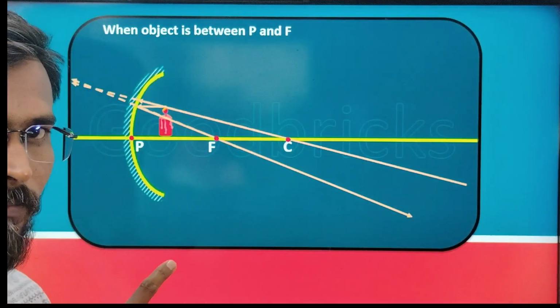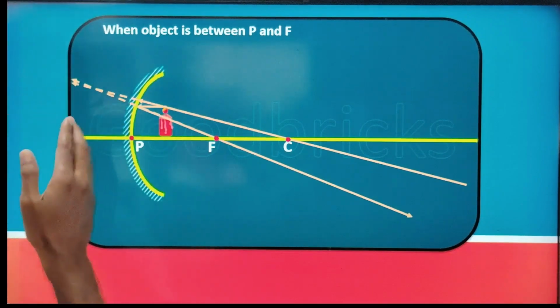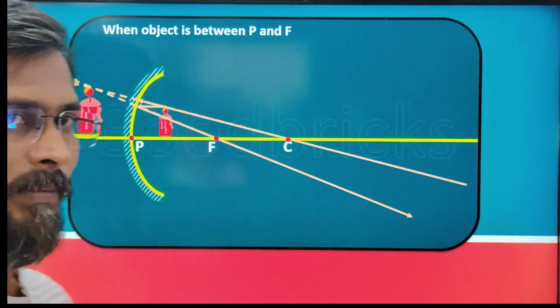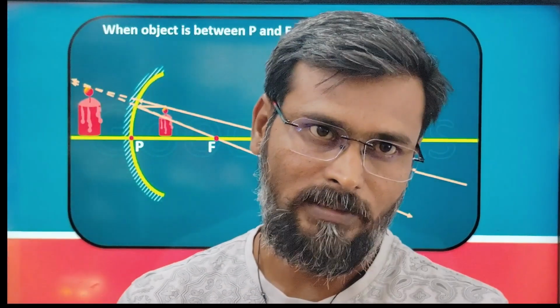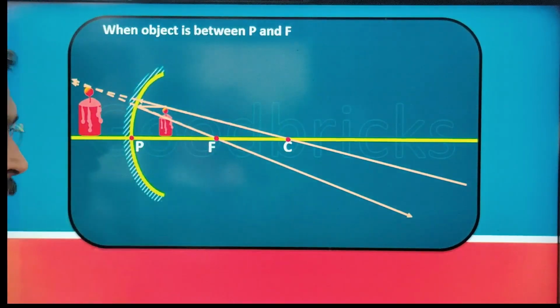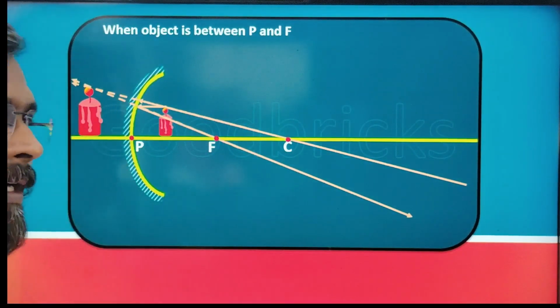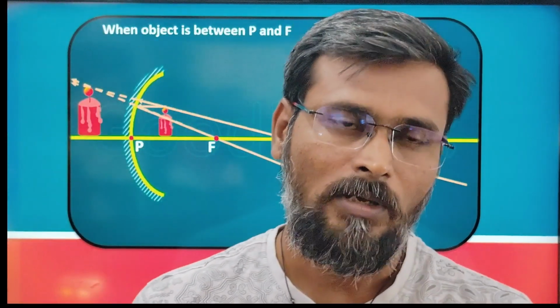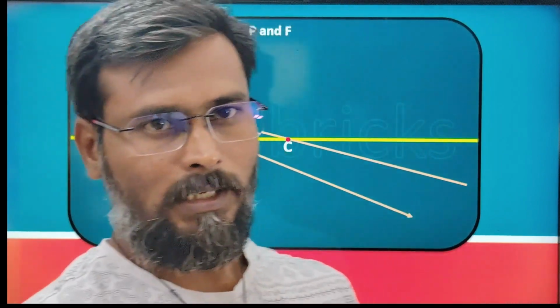So behind the mirror there is a chance of forming an image, and this kind of image we will call a virtual image. So when the object is here in between P and F, the image will be found behind the mirror, and these are the rays or rules we will use to draw ray diagrams.